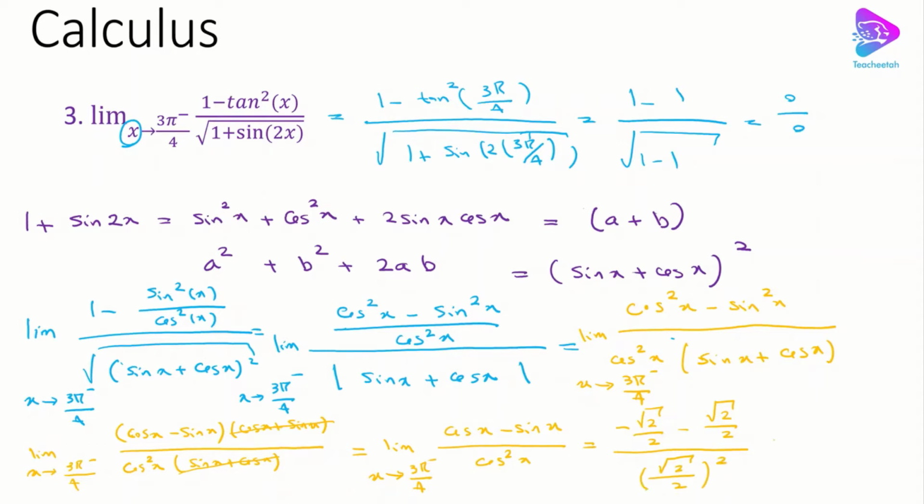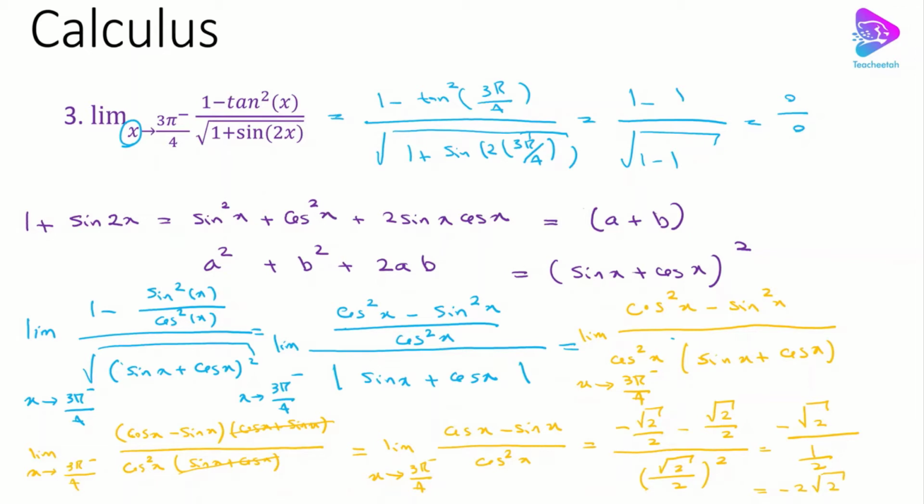So at the end, this will generate minus square root of 2 over 1 over 2, and the answer of this problem is going to be minus 2 times square root of 2.